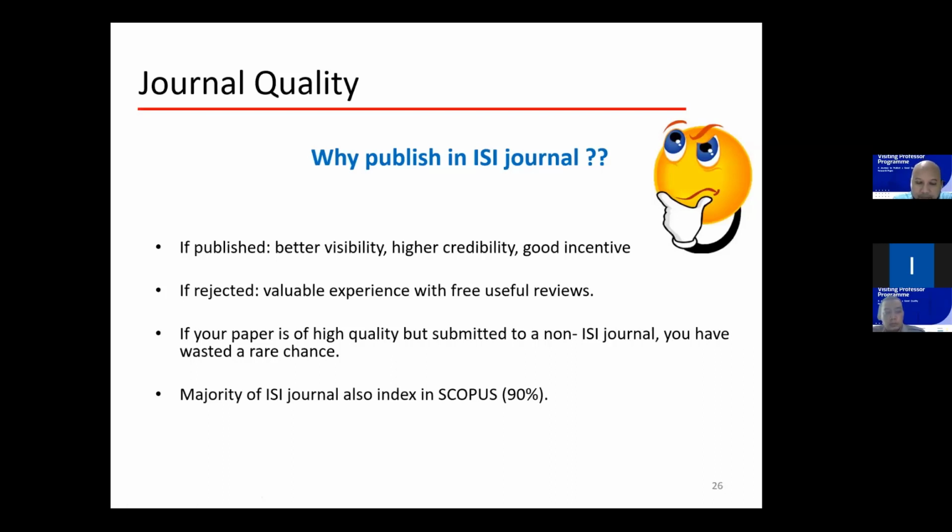Recently, when I read an article, one of the writers complained about IEEE in power systems because he got more than 10 reviewers at one time, more than 10 reviewers.